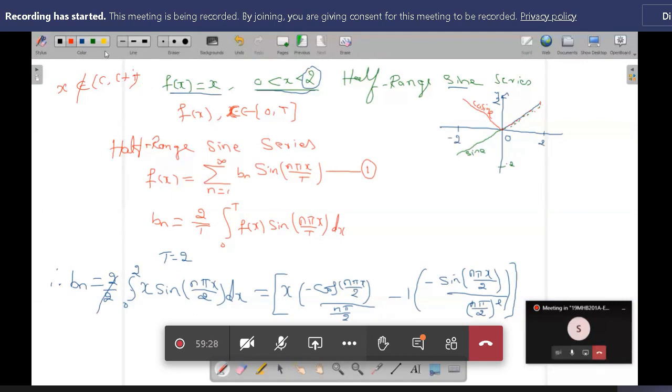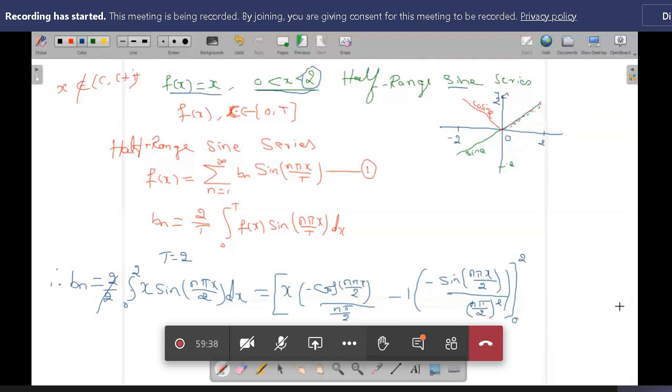So now I have taken this example and we did an integration with limits from 0 to 2. Now you put the limit from 0 to 2, so that becomes, when you put the upper limit, we get negative 2 times cos n pi, with n pi by 2 divided by n pi by 2, and with the negative, since the lower limit x is 0, cos 0 is 0 term.